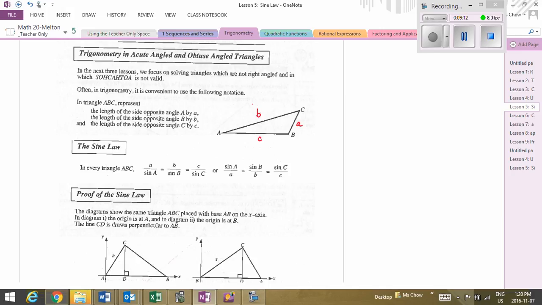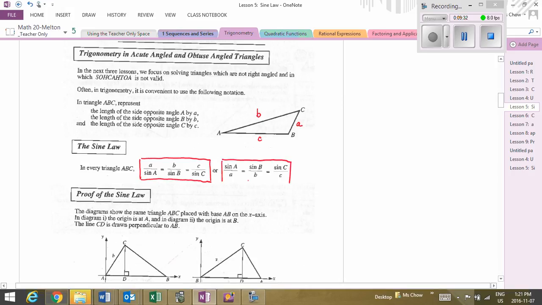So the sine law is, in every triangle ABC, we can put the ratio of the length to the sine ratio equal to all of those other lengths to their corresponding ratios.